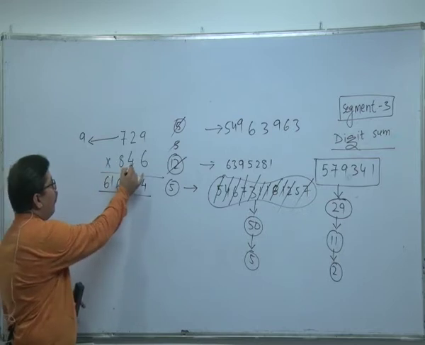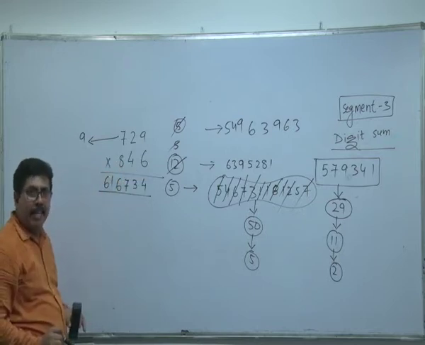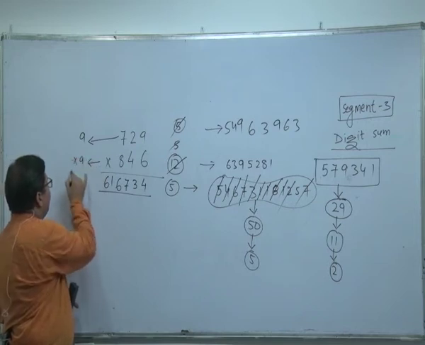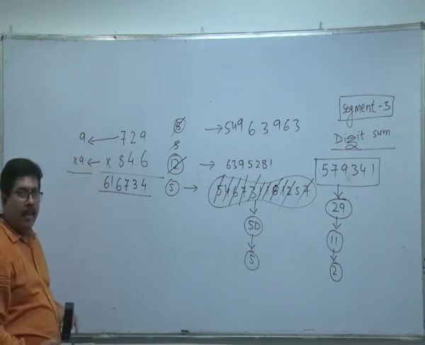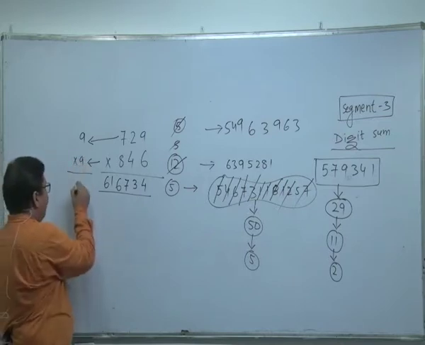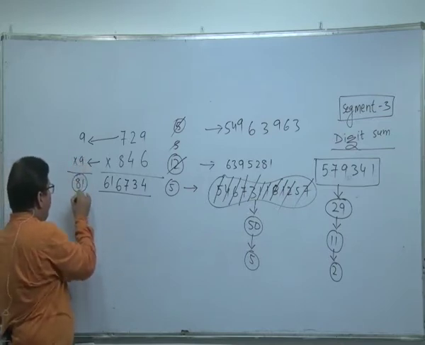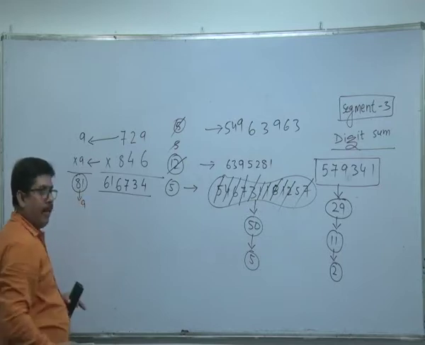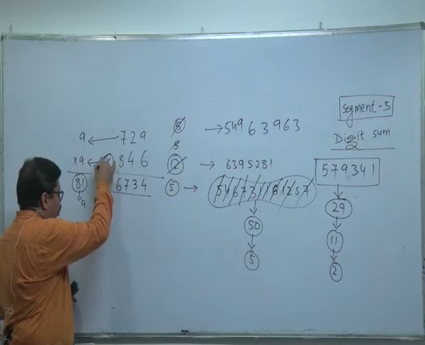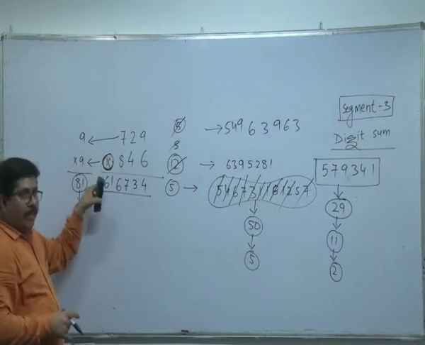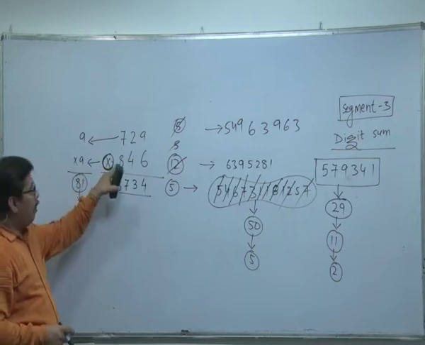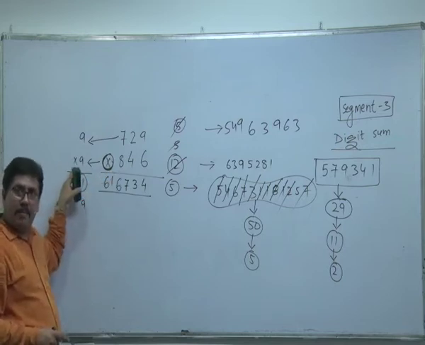And 8, 4 is 12, 6 is 18, luckily 9. Achha, 9 into any number is 9. So 9 into 9 is 81. And what is the digit sum of 81? Why 9 into 9? Because my primary operation is multiplication. Had it been addition, I would add the digit sums. Since this is multiplication, I multiply.